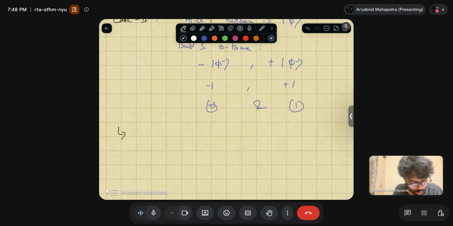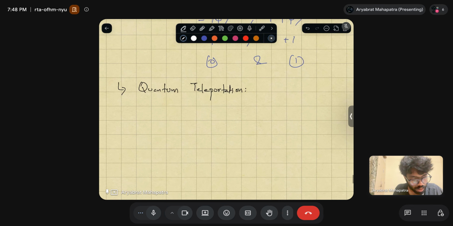The other one is on quantum teleportation. Now what is this quantum teleportation?